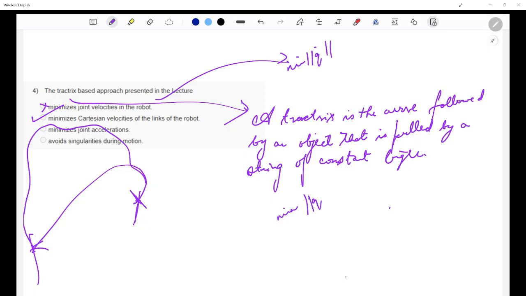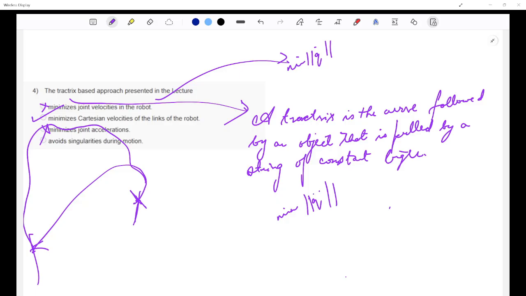Okay. But the tractrix approach does not target accelerations. It targets the link motion in Cartesian space. So option C is also incorrect. And then the last option is avoid singularities during motion. Singularity avoidance is another redundancy resolution objective.